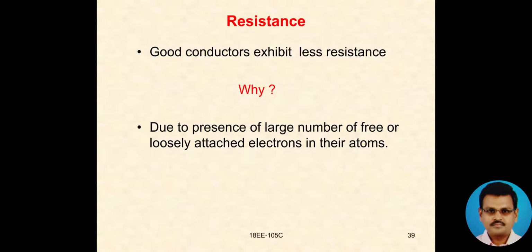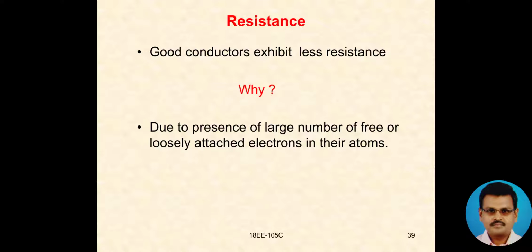Why? Due to the presence of a large number of free or loosely attached electrons in their atoms. As we discussed in the last session, when there are a large number of free electrons, we can call those materials conductors.